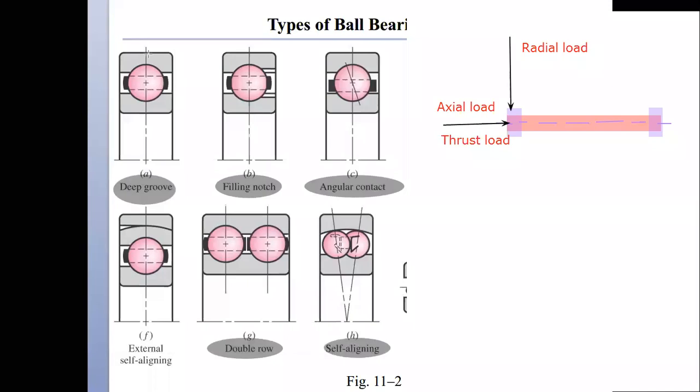I'll just talk about one or two of these, and I have already uploaded an assignment which you have to do and state the uses or the distinct characteristics of all these bearings.